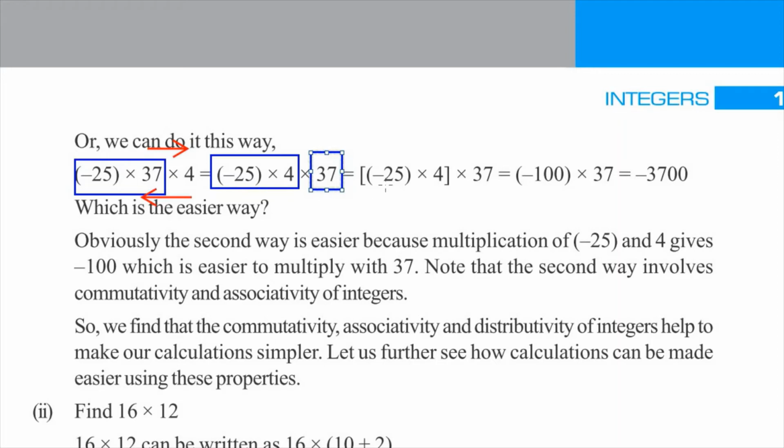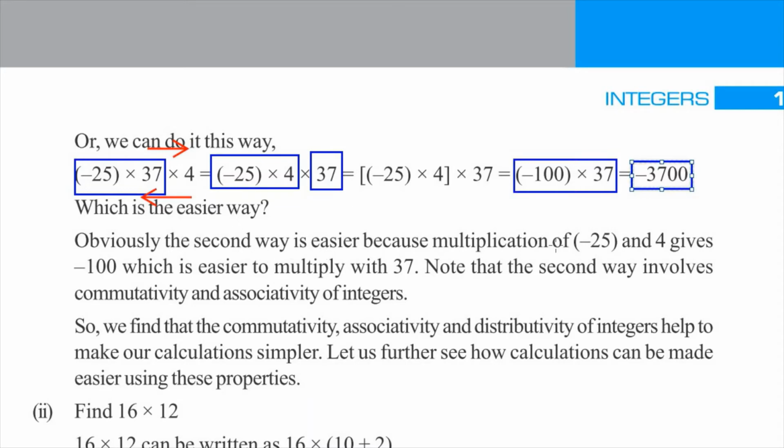Because 25 into 4 is 100, which is a fairly easier product to remember than 25 into 37. So 25 into 4 is 100, and because there's a negative sign here, it is negative 100. Then we find the product of 37 with minus 100 and we get the same answer, that is minus 3700.